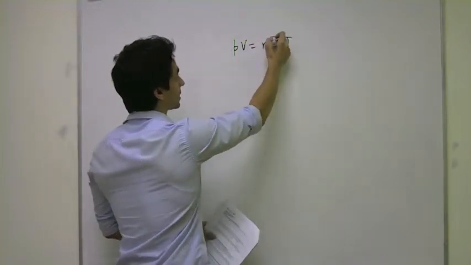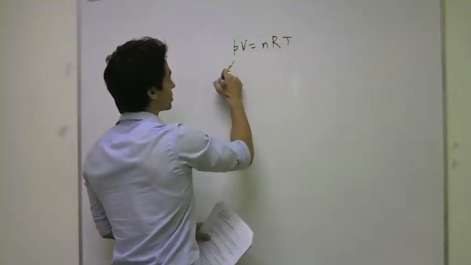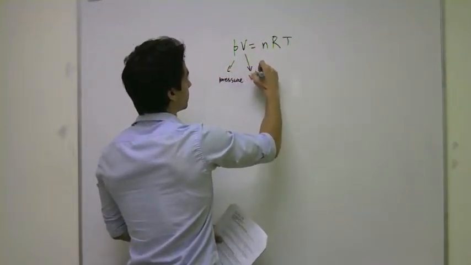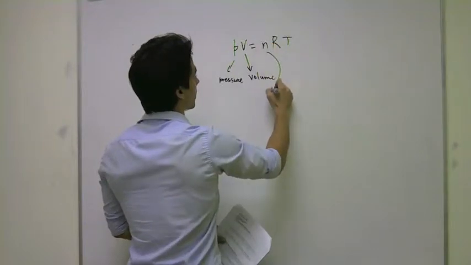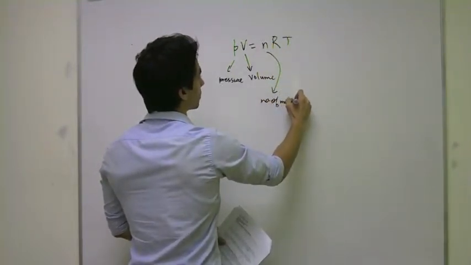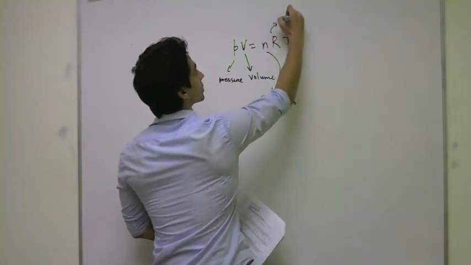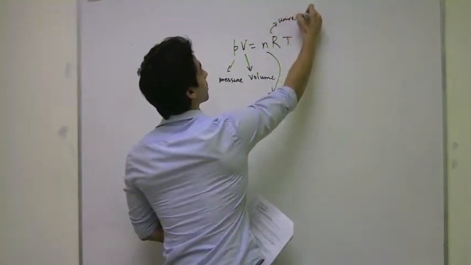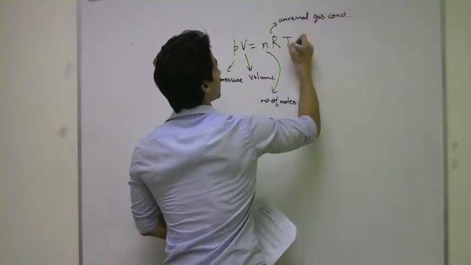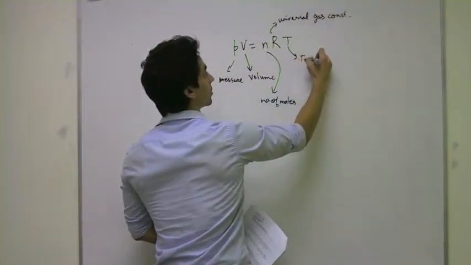This here is the ideal gas equation where P is the pressure, V is the volume, n is the number of moles, R is the universal gas constant, and T is temperature in Kelvin.